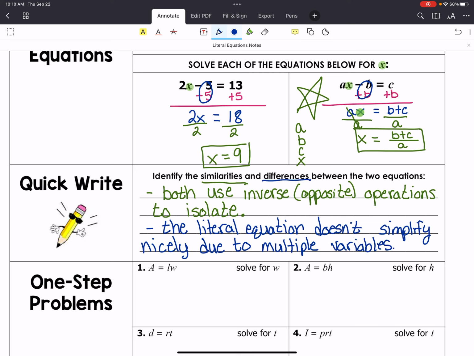That literal equation doesn't simplify nicely due to multiple variables. So I didn't get an answer like x equals 5, right? I just had to rearrange the equation.